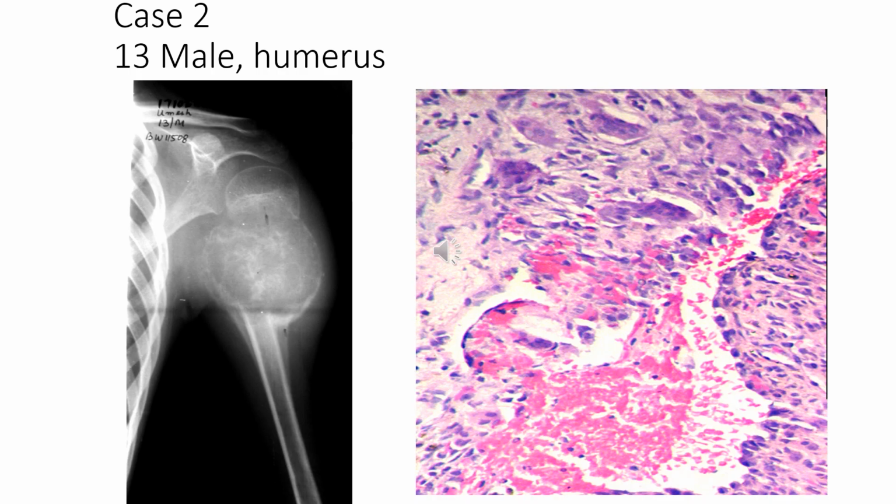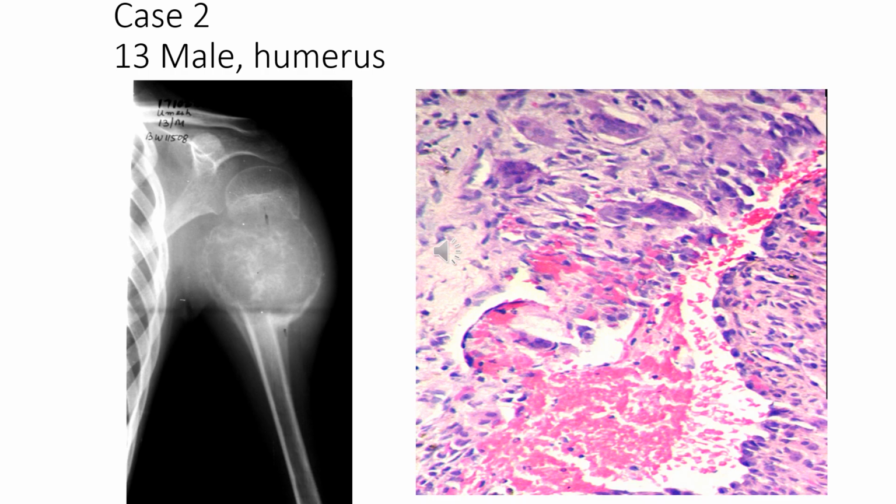Here is a case of a 13-year-old male patient with a lesion in the upper end of the humerus, and you can see there's a huge lesion in the metaphysis not going up to the end of the bone, and there is a smooth periosteal reaction. It is unlikely to be a giant cell tumor because the patient is not skeletally mature, and also because of this radiology.